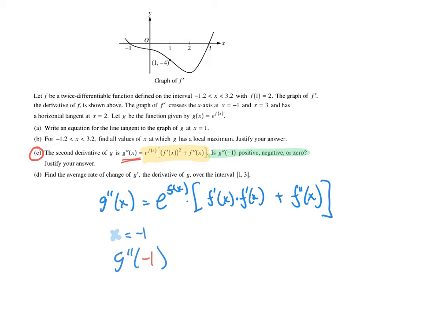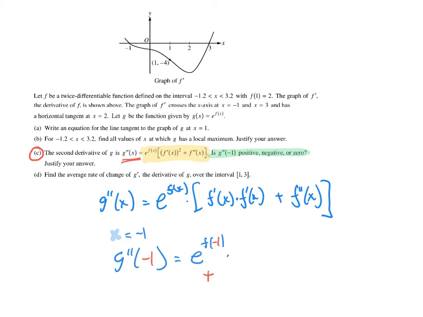Positive, negative, or 0. Okay, so we need to investigate what e to the f of -1 is. And we just talked about how that function's positive, right? The exponential function's positive. So this thing right here, I'm going to put a big plus sign underneath that, because whatever it is, it's positive.